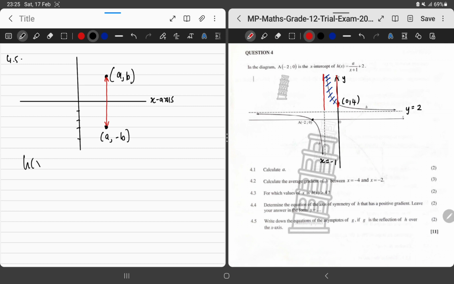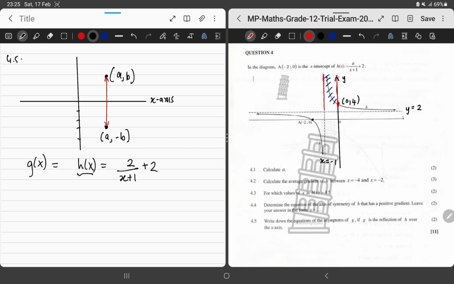Okay, so this is what's going to happen. They told me that h(x) is equal to 2 over x plus 1, plus 2. So we said here, when we move this whole thing over the x-axis, it is the y values that obtain a negative sign.